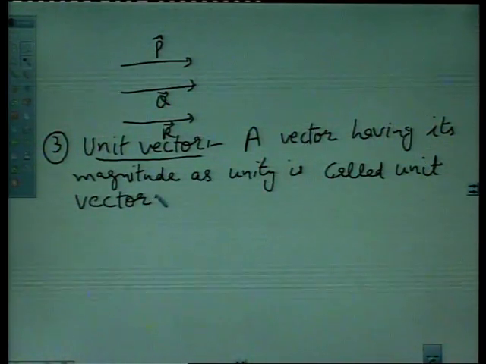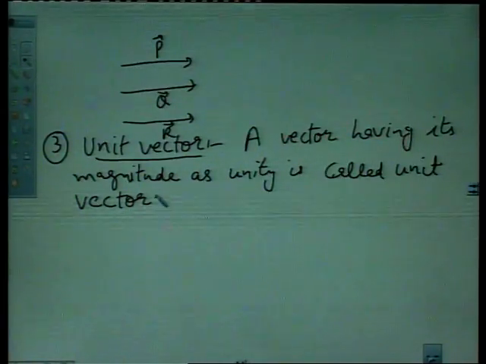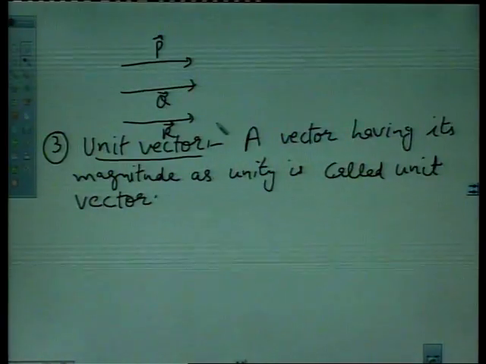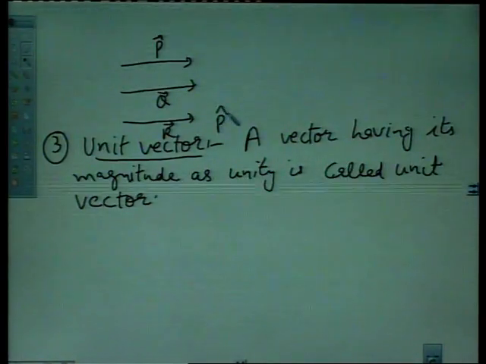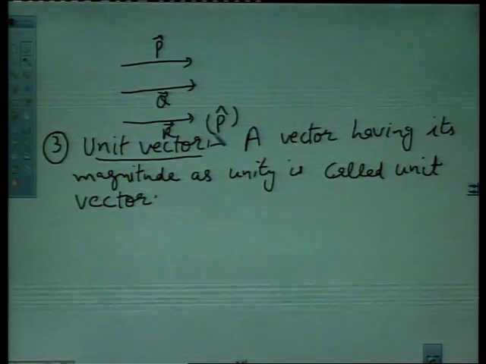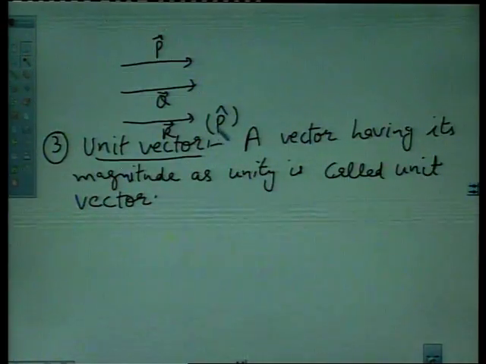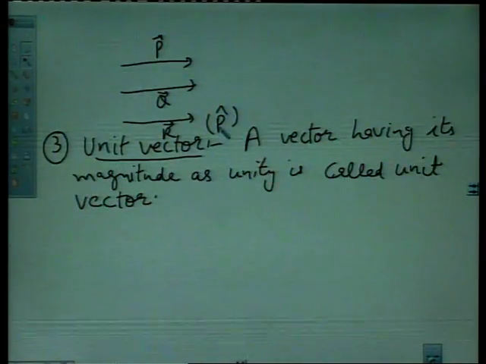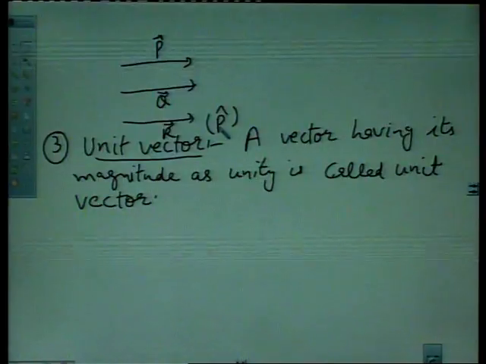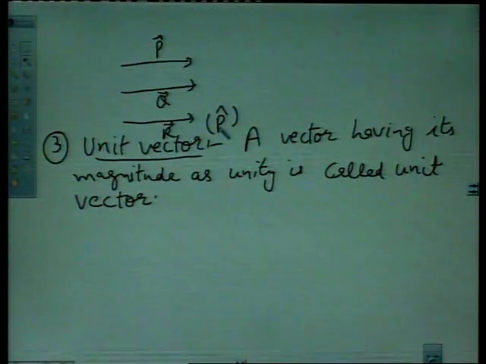So a vector which is having the value 1 is called unit vector. It can be represented as p cap. So the symbol is p vector with the cap, which is p cap or p hat, is called unit vector.